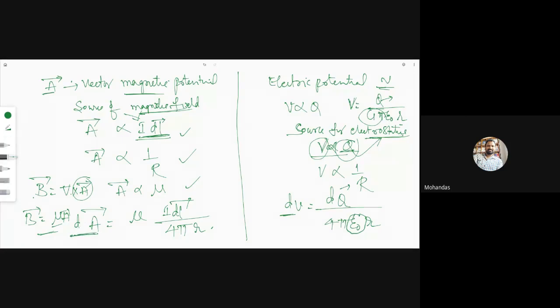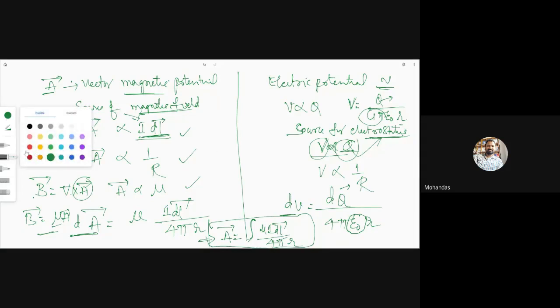This is only the differential vector magnetic potential. If I want the total vector potential, what should I do? Integration: A equals the integral of mu I dl divided by 4 pi R. This is the formula for the vector magnetic potential. I hope you are able to understand, because we have already derived this in the electrostatic field.